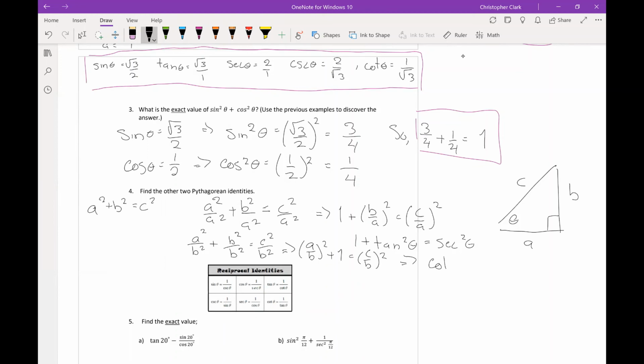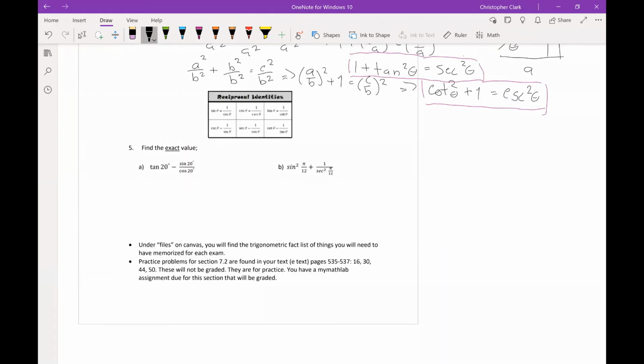So this is cotangent squared theta, because it's a over b squared, plus 1. And then c over b, well, we know c over b as cosecant squared theta. So the idea is that by starting with our Pythagorean theorem and dividing by a squared, b squared, and c squared, you end up getting all of the different identities. So you don't have to have all these memorized, you just have to know how to find them.